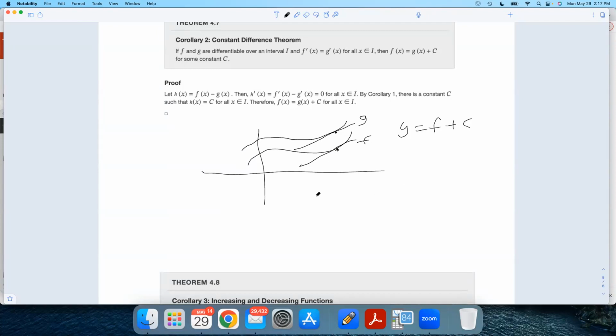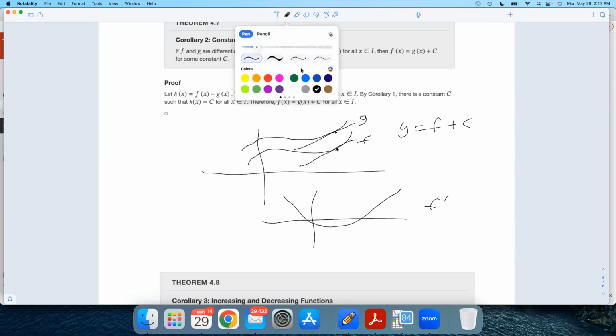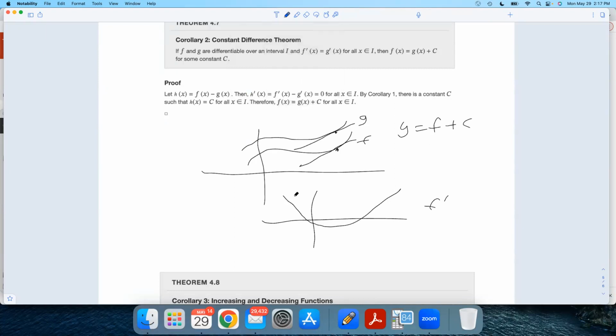Or another way to think of this, maybe we're looking at the pictures. Here's the picture of f prime, not necessarily that f prime. I'm just drawing some function. It's derivative. We got some derivative. It looks like this. And then we come along and we just happen to know that we've got some other function g and his derivative looks like this.